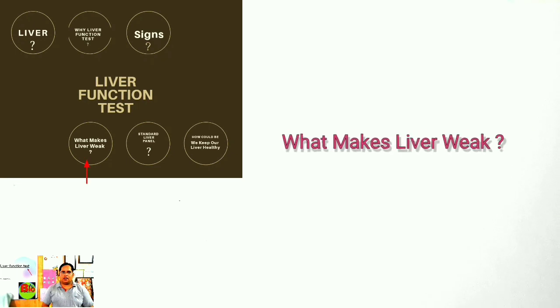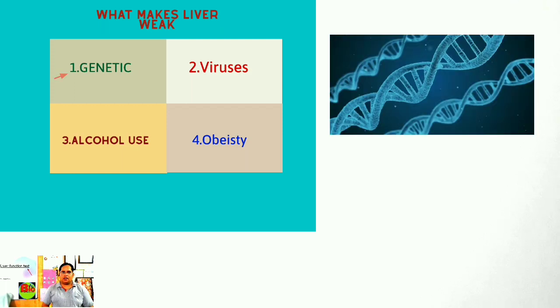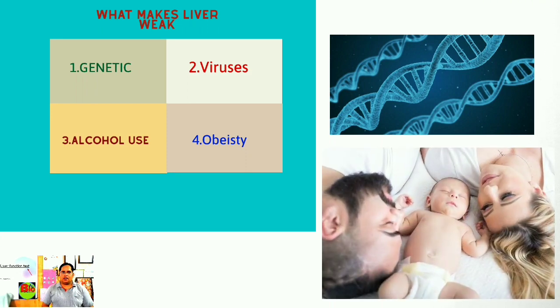Now what makes the liver weak? So there are so many reasons, but four main causes are: number one, genetic. It means it can be inherited from parents if any one of them has a medical history of liver problems.